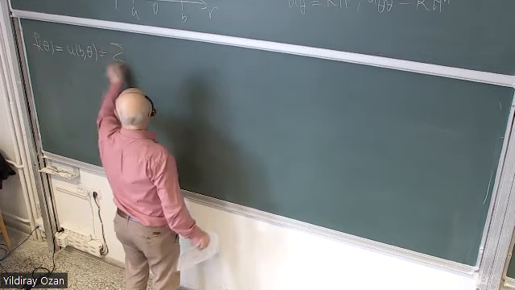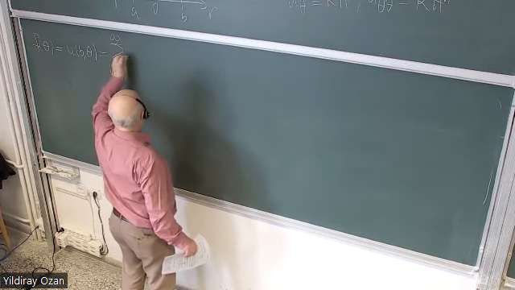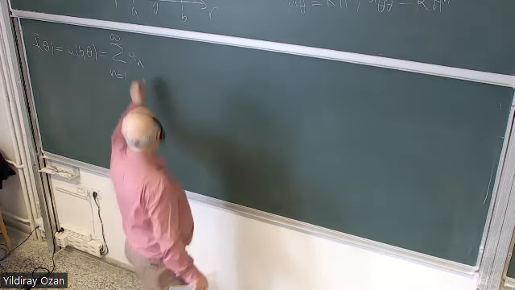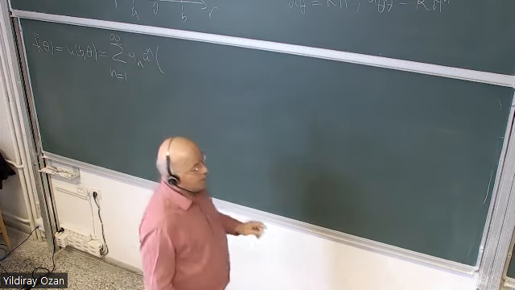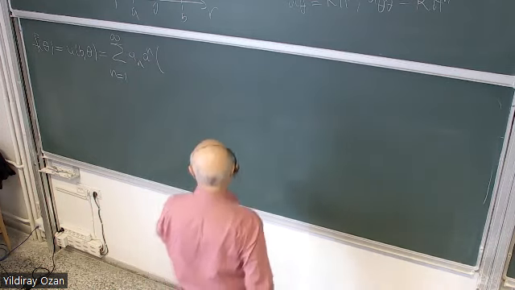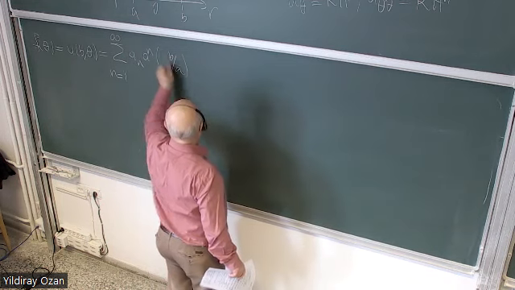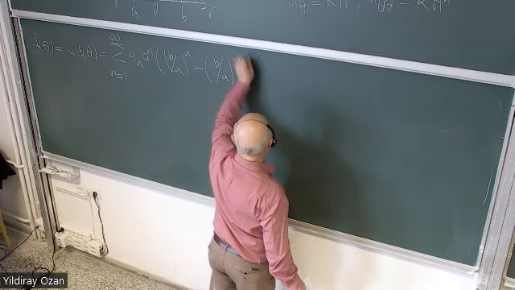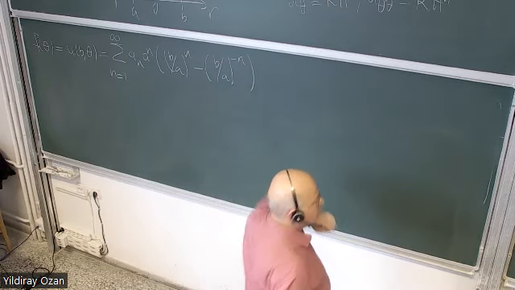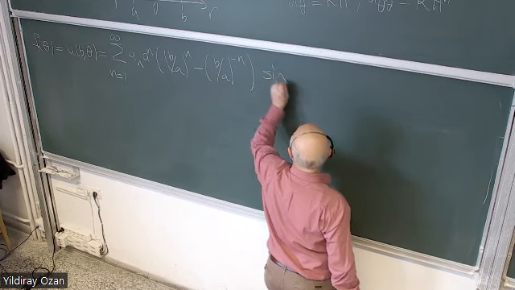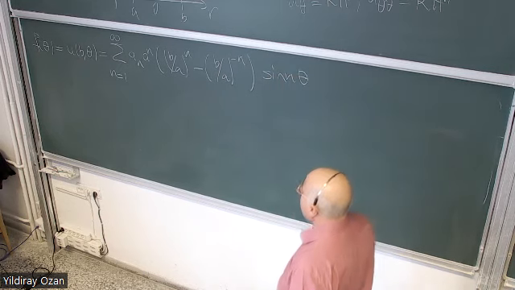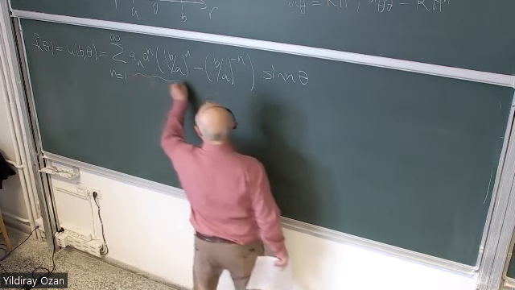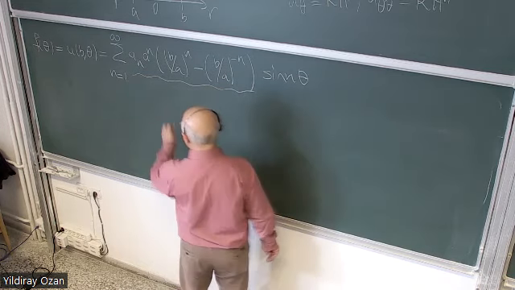So what we get, n from 1 to infinity, an a to the power n, and then r is equal to b. So b over a to the power n minus b over a to the power minus n, and we have sine n theta. Well, then I have what? This whole thing, right, is equal to what?